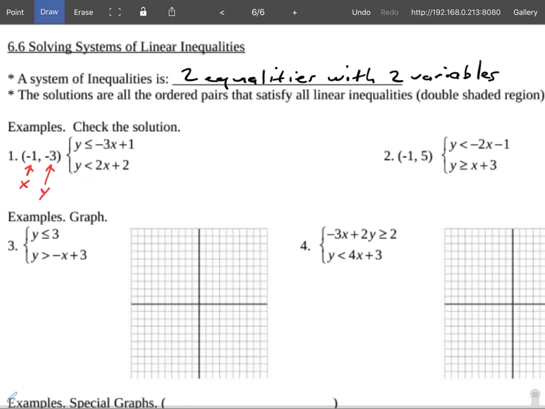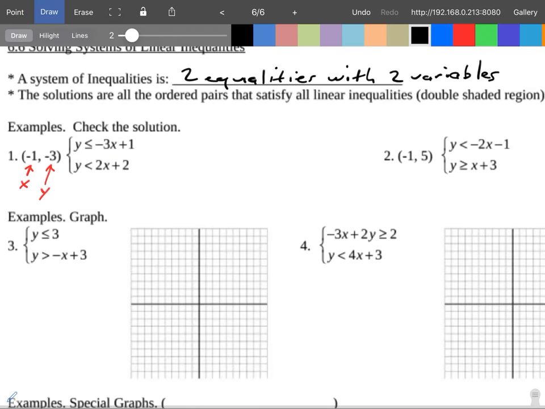So in the top one, we're going to plug in -3 for y. So that's going to say -3 is less than or equal to -3 times the x, which is -1, and then plus 1.